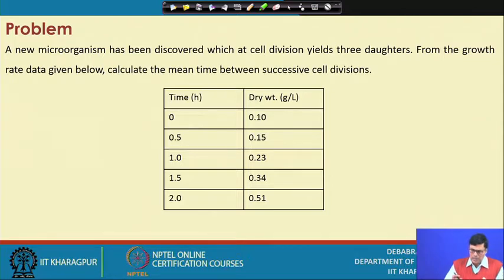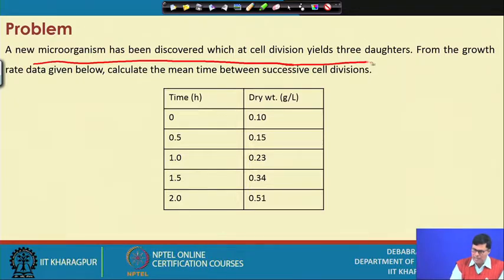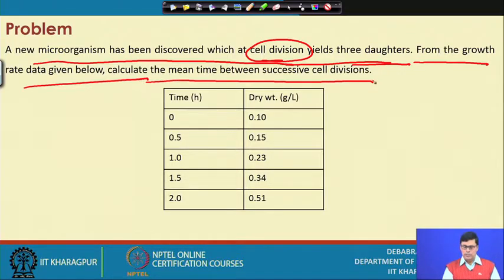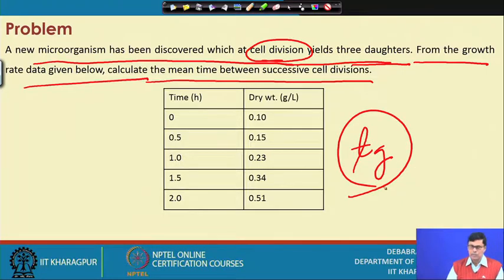Now, here if you look at this problem, a new microorganism has been discovered, whose cell division, this is the generation time, gives 3 cells, and from the growth data below, calculate the mean time between successive cell divisions. That means we shall have to find out the generation time, Tg.